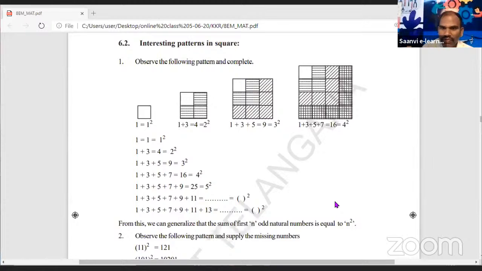Here 4 numbers added, so 4 square. 1 plus 3 plus 5 plus 7 plus 9, 5 numbers added, 25, 5 square. 1 plus 3 plus 5 plus 7 plus 9 plus 11, 6 numbers added, so 6 square means 36. Next, 1 plus 3 plus 5 plus 7 plus 9 plus 11 plus 13, 7 odd numbers added, 7 square, 49. Okay.